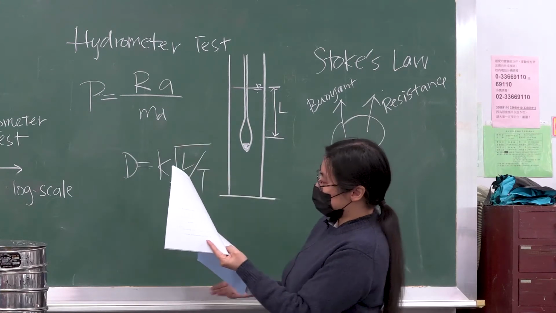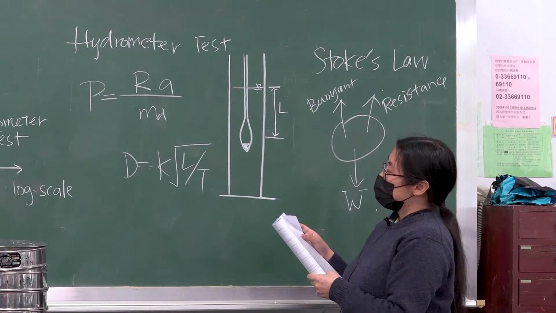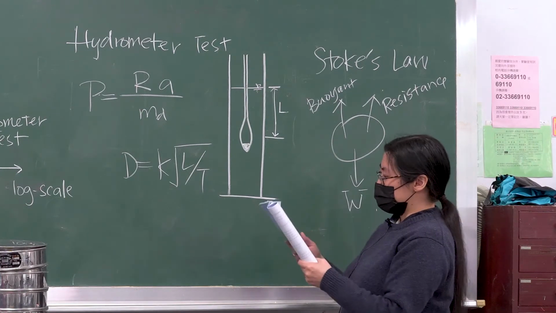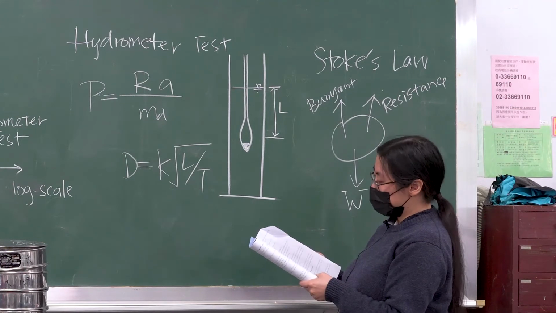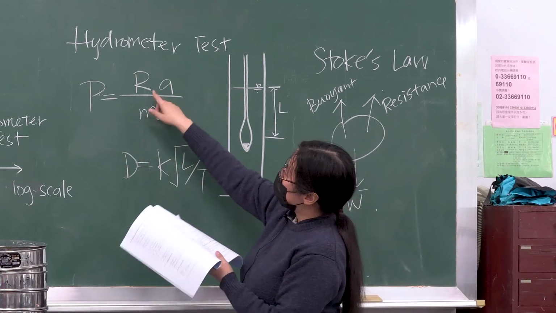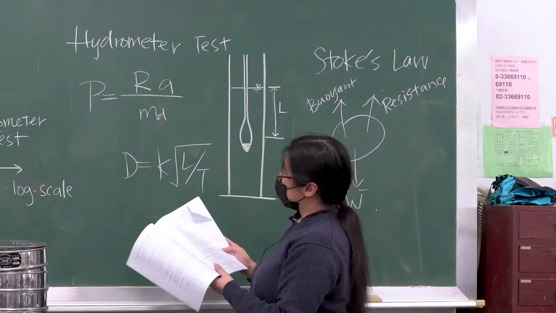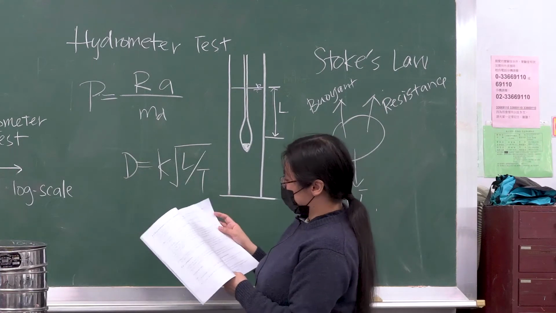And then M sub D is the mass of the soil which we are going to give you. So it would be some predetermined value, so you don't need to worry about that. You only need to record what R is during the test, and then also through specific gravity figure out A.